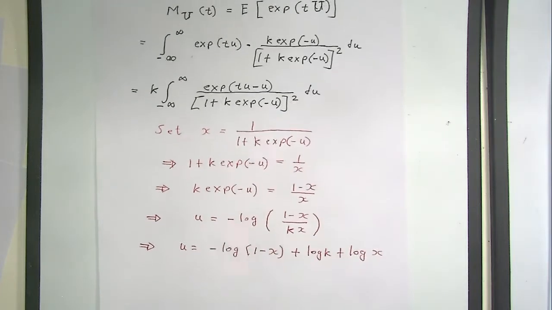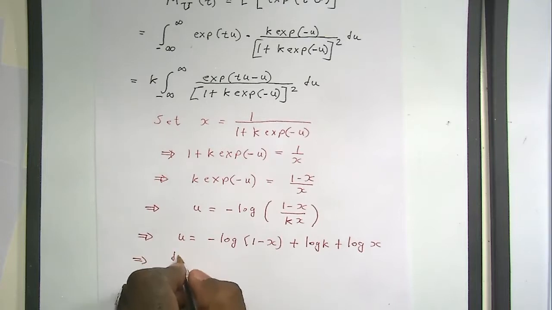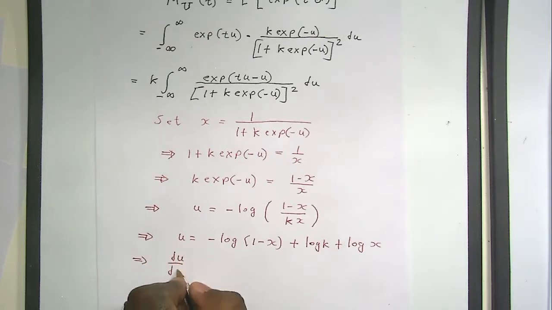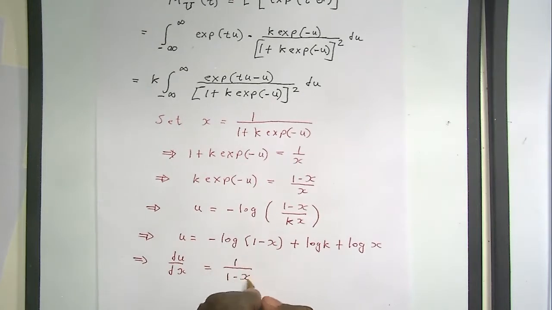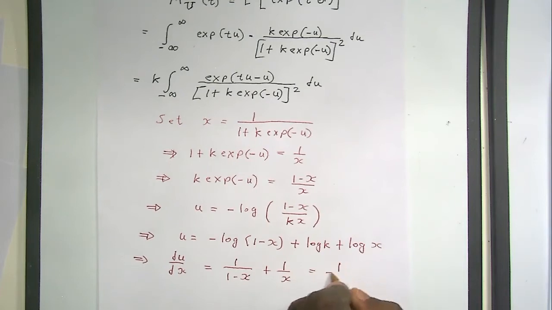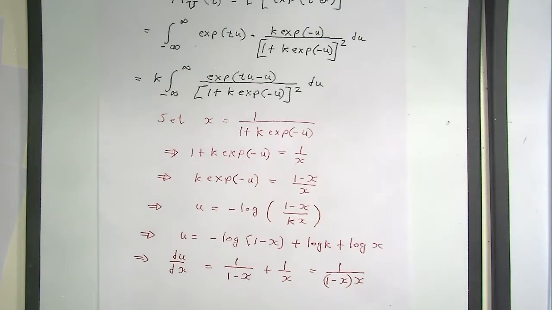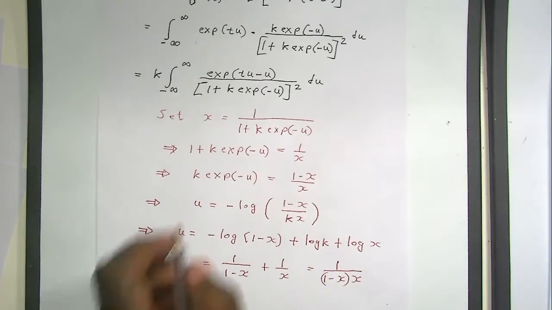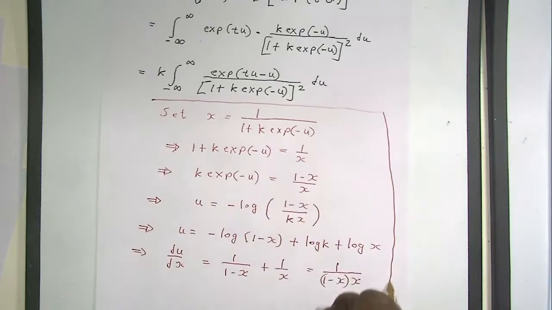That's what you get. So du by dx will be 1 divided by 1 minus x plus 1 over x, which will be 1 divided by (1 minus x) times x. So let me put this inside a box.